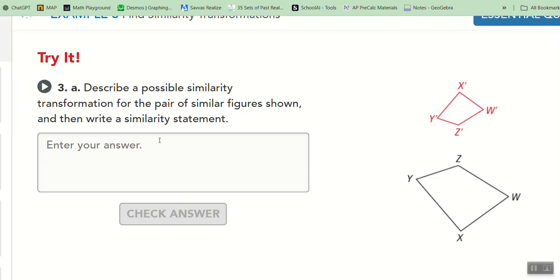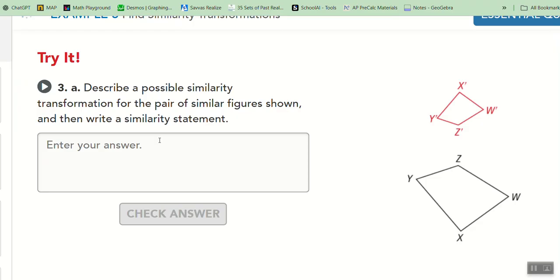Why can't it be a rotation? You're right, just so you know. If I tried to rotate this, and I like what you're thinking, this would probably be about the center, right? If I was trying to rotate it. Notice my finger's on W. If I rotated, W would be over here, and it won't work, right? So I can see it's not going to work there.